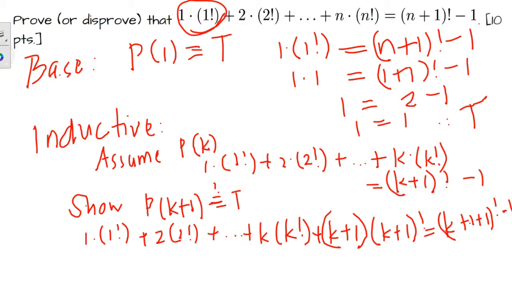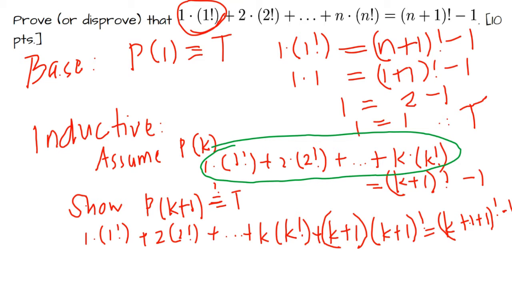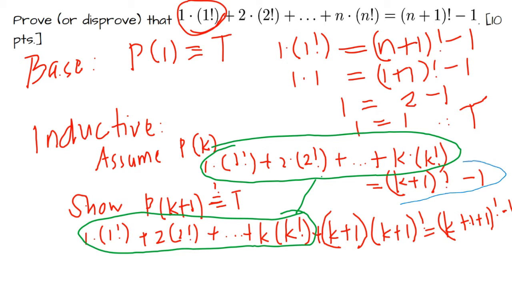And the usual drill will be to substitute the assumption, this one, which is equivalent to the first group. The substitution could be this one, (k plus 1) factorial minus 1, can be substituted to this, because by assumption they are equal.